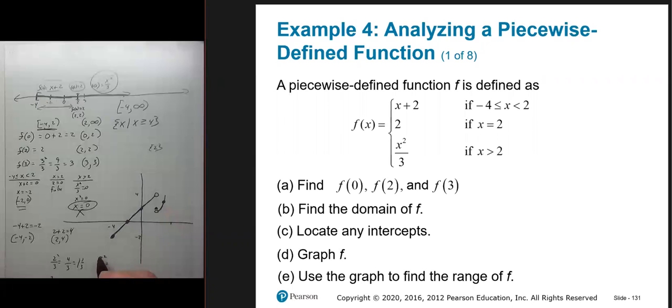Oh, we already did that. 4 squared divided by 3. So that's 16/3, which is 5 1/3. So I go up 1, 2, 3, 4, 5 and 1/3. And so, okay, it's going like that. I was going in the wrong direction a little bit there. So it's that portion of a parabola.